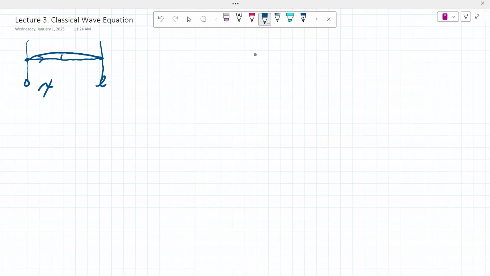But anyways, this is the basic idea, that there is some height here, some displacement. And so u of x and t is describing that displacement. So what our scenario is here is we have a vibrating string fixed at endpoints 0 and L.